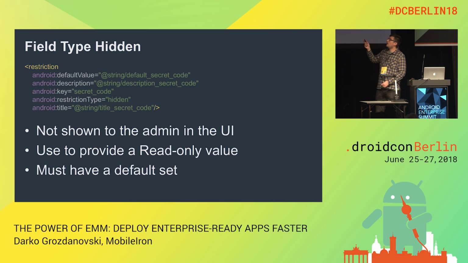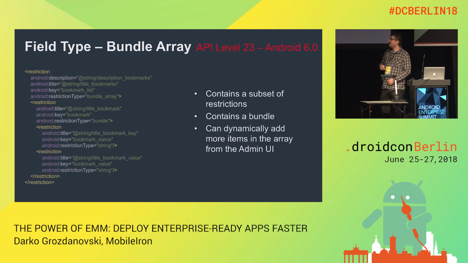There is a field type called hidden, which I've never seen used so far. I'm not sure what the use of it is, so if you don't have a clear idea how to use it, just stay away, I would say. For now, let's see what the Android guys come up with in the future.